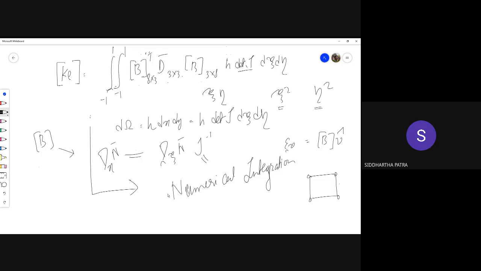So what is preferred is numerical integration, even for a very regular geometry for a 4-noded quadrilateral. If not regular, then we use numerical integration. If regular, then also we use numerical integration.